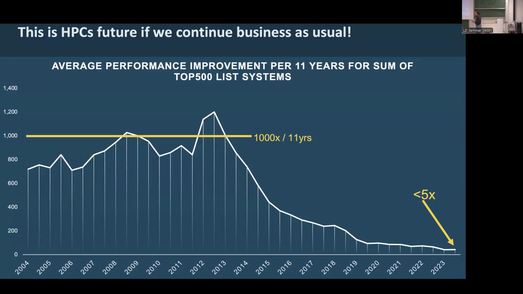If you see Eric Strohmaier's charts, you've got the top machine, the bottom machine, and the sum of everybody in the list. And the sum is actually the smoothest number of them all. So we're projecting over time the rate of improvement in our LINPACK number for the sum of all machines in the list.